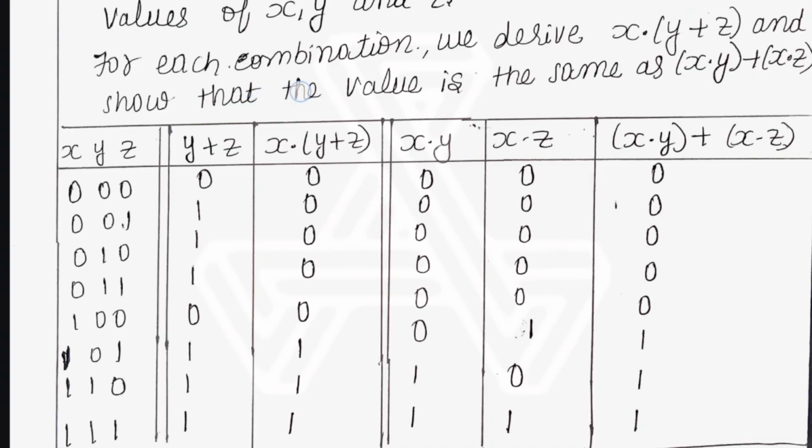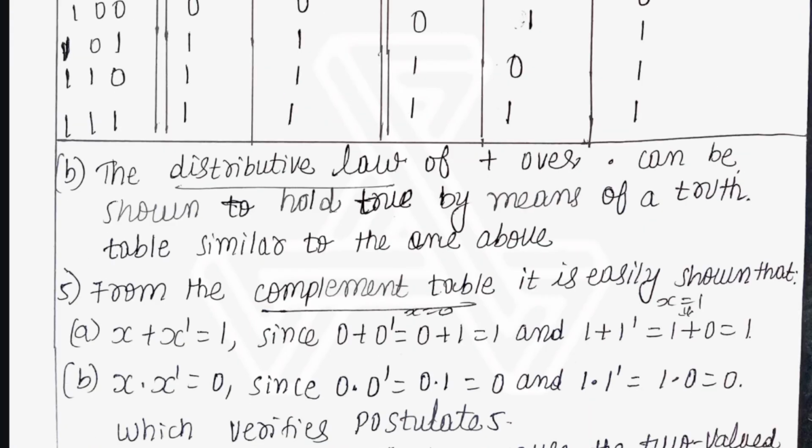For each combination, we derive x dot (y plus z) and show that the value is the same as x dot y plus x dot z. Here it is clearly seen that the distributive law of plus over dot can be shown to hold true by means of a truth table similar to the one above.